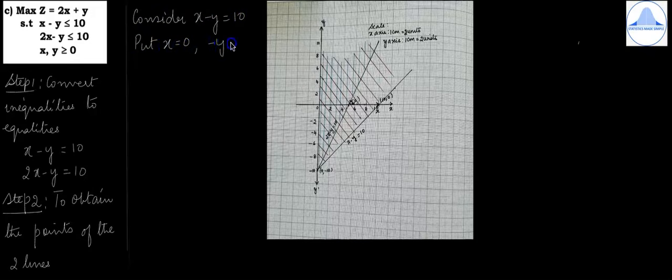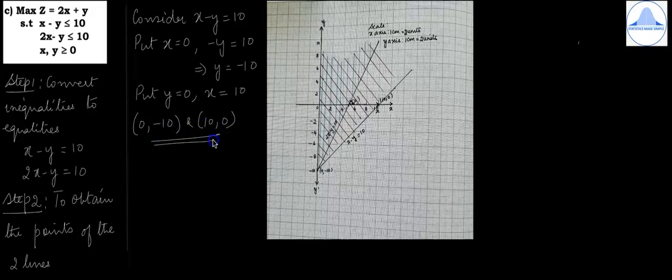So you'll get minus y is equal to 10, which implies y is equal to minus 10. Then you put y equal to 0. So you'll get x equal to 10. So the points are 0, comma minus 10 and 10, comma 0.